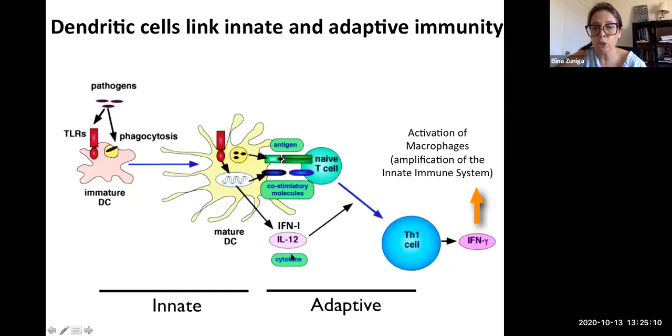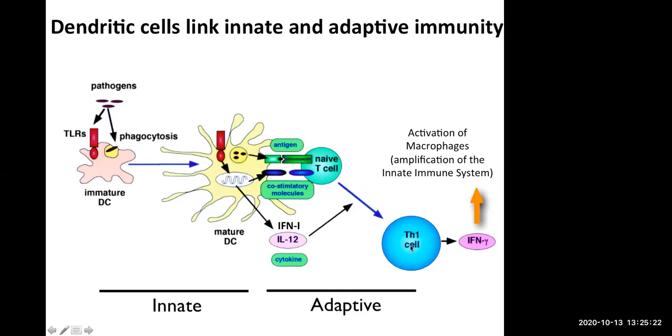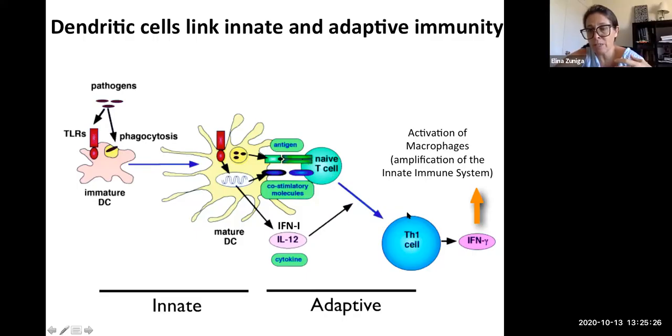And they will also produce cytokines that will help the differentiation of these naive T cells into effector cells. And now these effector cells have acquired the capacity to, in this case, be a helper cell to help a macrophage. And so, for example, they will go back to the tissue and will be able to activate a macrophage, so the macrophage can now eliminate, for example, a mycobacteria, okay?